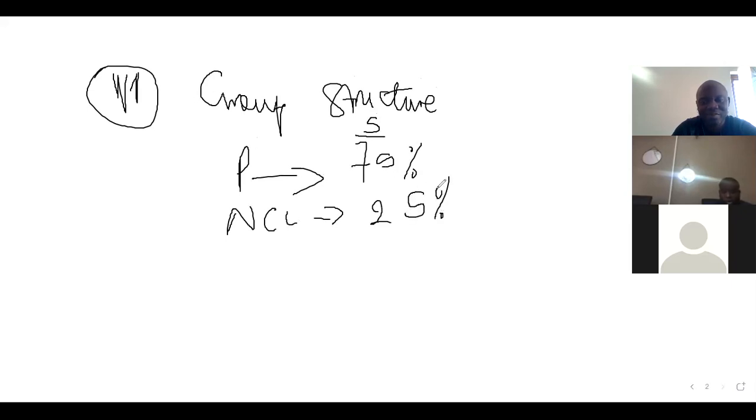Yes. Then working two, this is where we're. Working two is net assets in subsidiary.